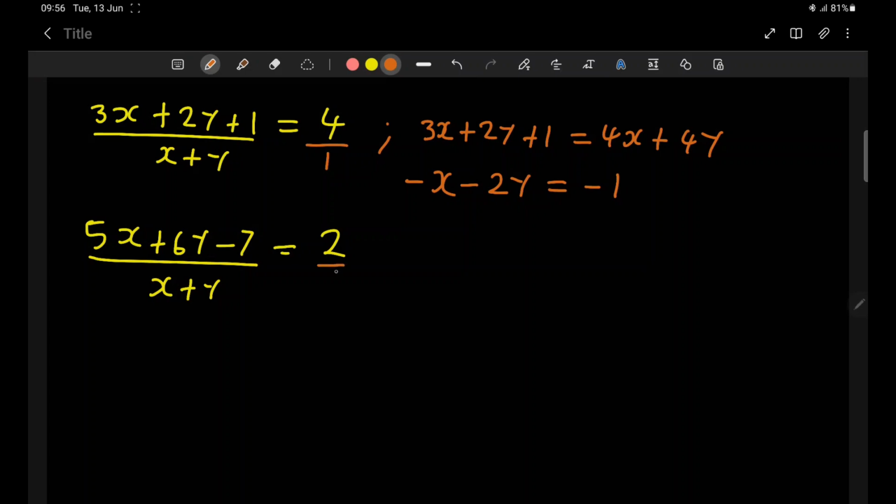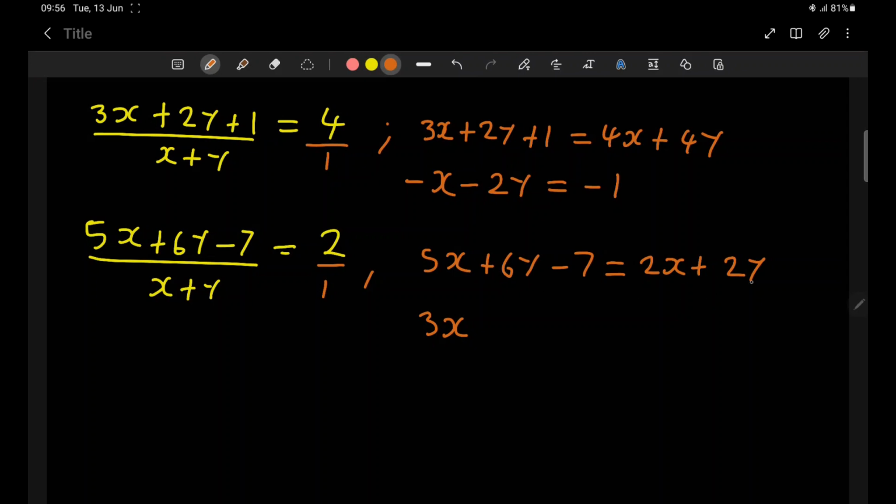Then we'll do the same here: we'll put over 1, then we'll cross multiply. So we'll have 5x plus 6y minus 7 is equal to 2 multiplied by x and 2 with y, so we'll have 2x plus 2y. Collecting like terms, 5x we subtract 2x will give us 3x.